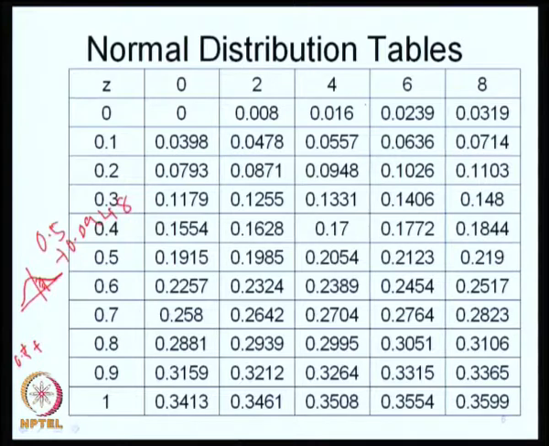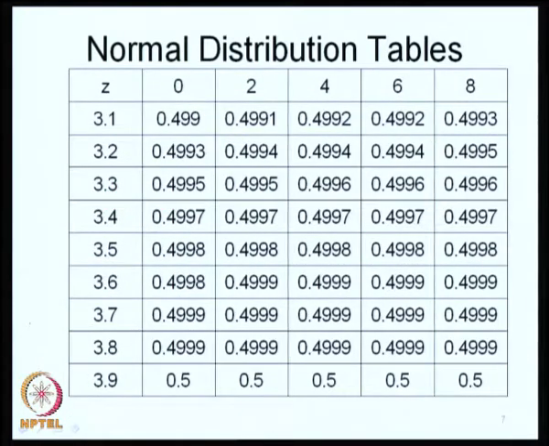Now, that gives you the area up to z equal to 0.24. Essentially, for positive values of z, you read the area up to that point and then add 0.5 to that to get the probability of z being less than or equal to that value. For various values of z, you are enumerating the integral values and you get the associated tables.